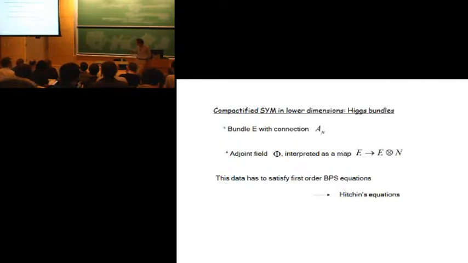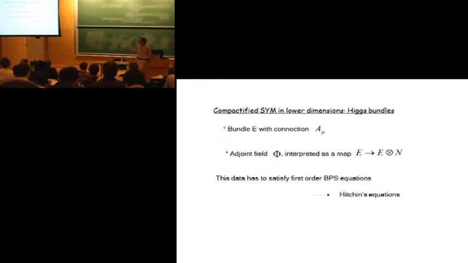And so when you compactify supersymmetric Yang-Mills theory, the data for the bosonic field is going to be, well, there's still a gauge field, so you're going to need some bundle E, the connection A_mu. And now, because it's dimensionally reduced supersymmetric 10-dimensional Yang-Mills theory, you also have this Higgs field.